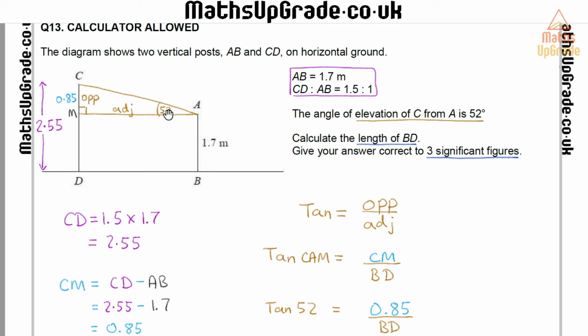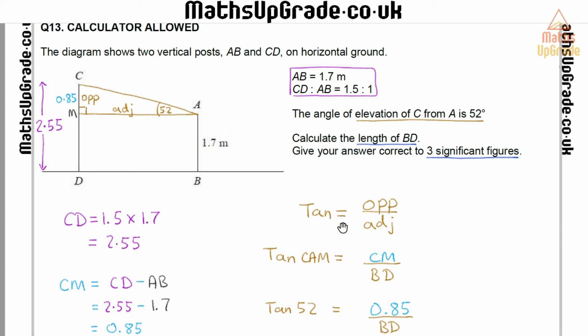So let's label this triangle according to the angle that I'm standing on. Imagine I'm standing here. This side is the adjacent to me, it's next to me. This side is opposite to me. And incidentally, this is the hypotenuse, but I don't need that for this question since I'm not asked to work it out and I'm not given the value for it.